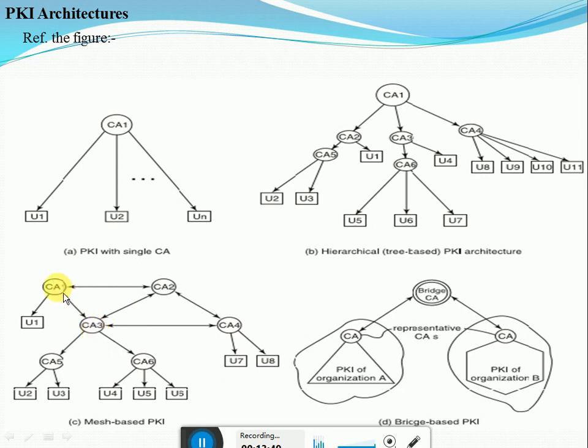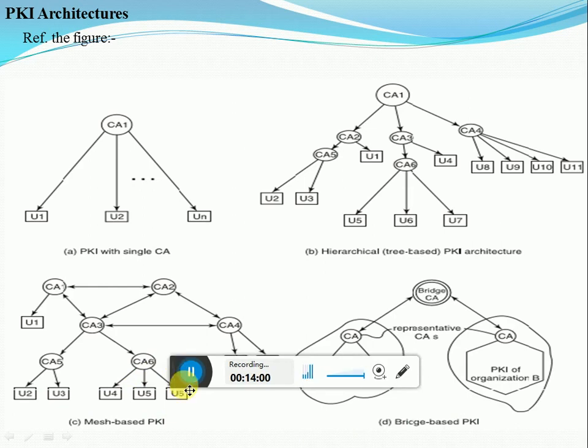So that means CA1 is also trusting CA3, and CA3 is also trusting CA1. Because of these trusted links between CAs, users in turn can verify the certificates of other users who belong to different CAs.